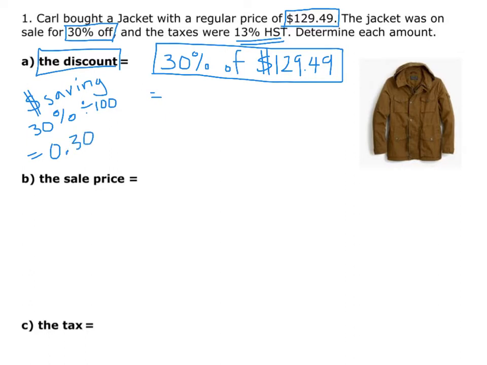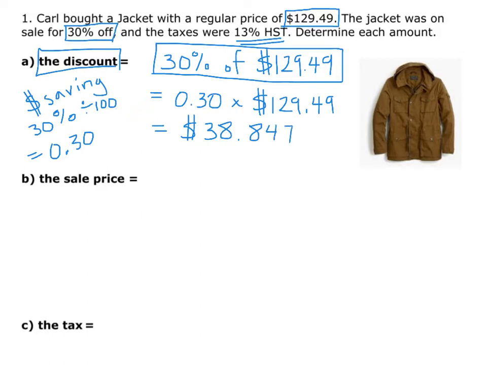Okay, so we're first going to convert this percentage to a decimal, which is 0.30. Of means multiply, and we already have this amount of $129.49.